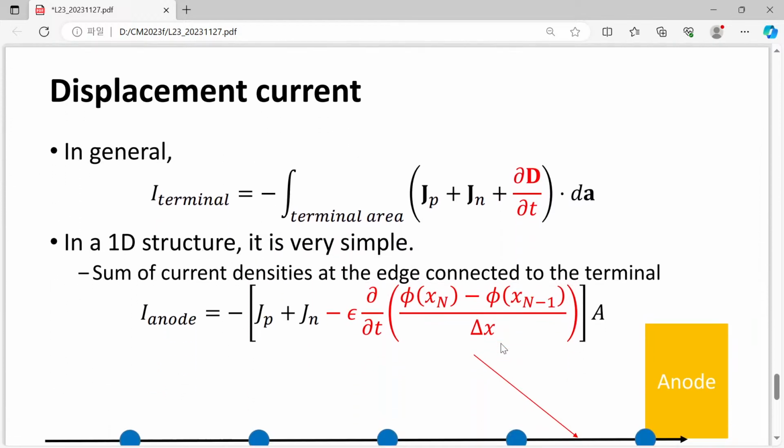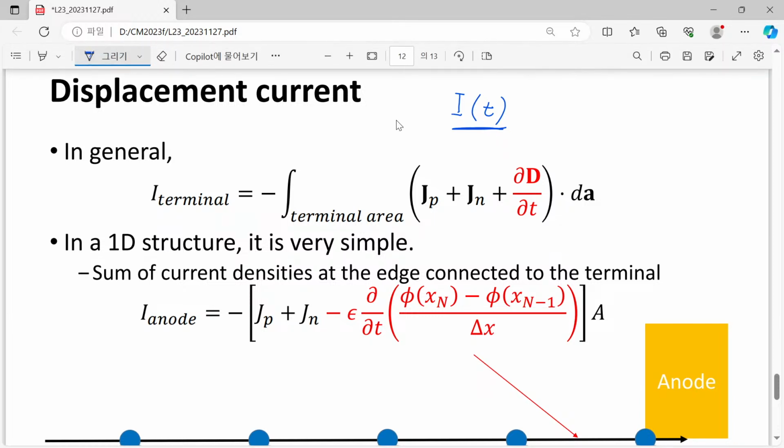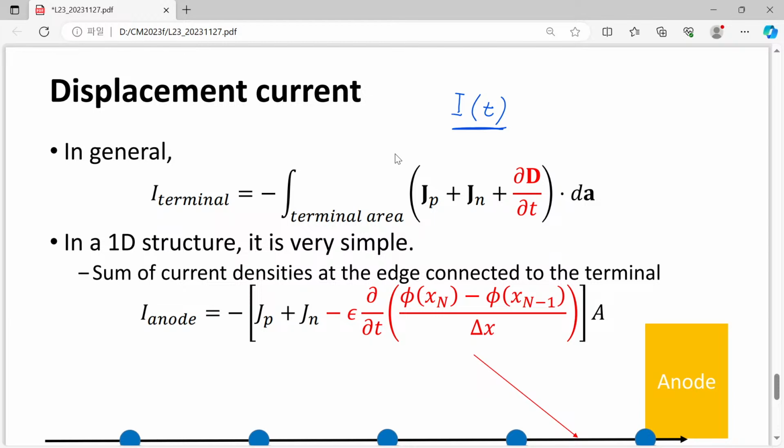Okay, so up to now I have covered what we should change internally when we consider transient simulation. So actually that's it. However, in order to calculate the terminal current as a function of time, we must consider an additional modification. Please note that this slide does not relate to getting the solution. The solution can be obtained without considering this displacement current.